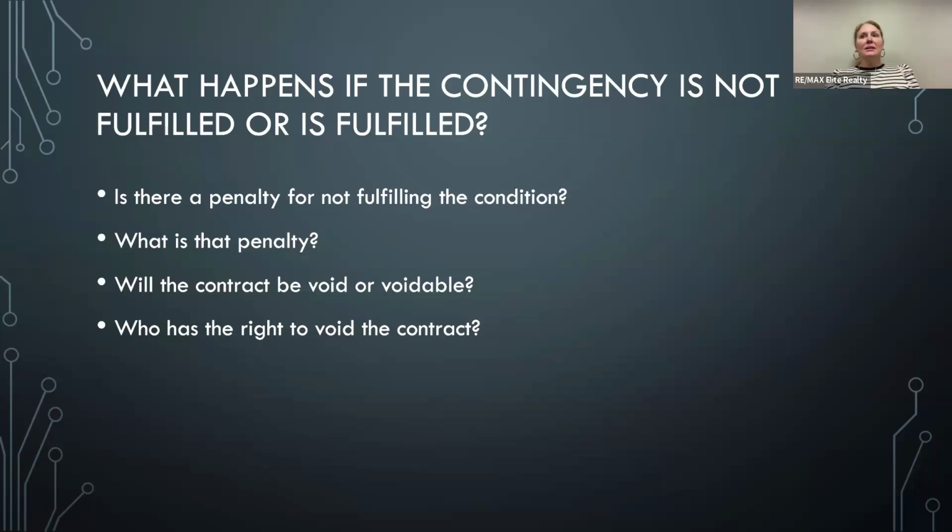So to make it a correct contingency, you would say, buyer's mother must come and approve the purchase of this property within 7 days of contract acceptance. And if buyer's mother does not approve, the buyer is allowed to void the contract at their option, with their earnest money being refunded to the buyer.